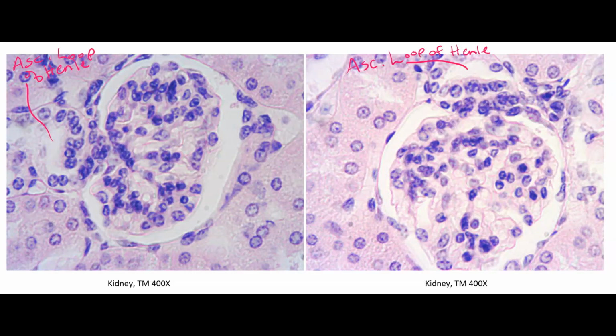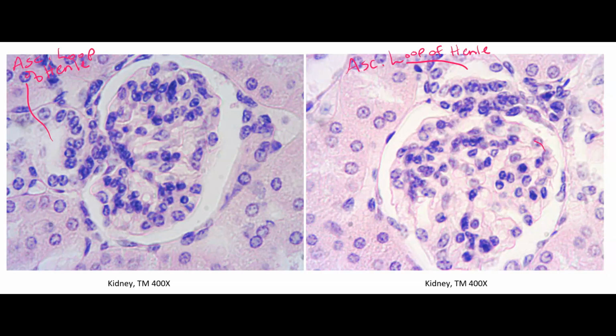Now we're looking at a highly magnified view, a total magnification of 400x, of two different glomeruli from the same slide. We're looking at two, and they're positioned slightly differently so that you can see the common features between them. You can see that the ascending loop of Henle has been marked for both glomeruli, or both structures.